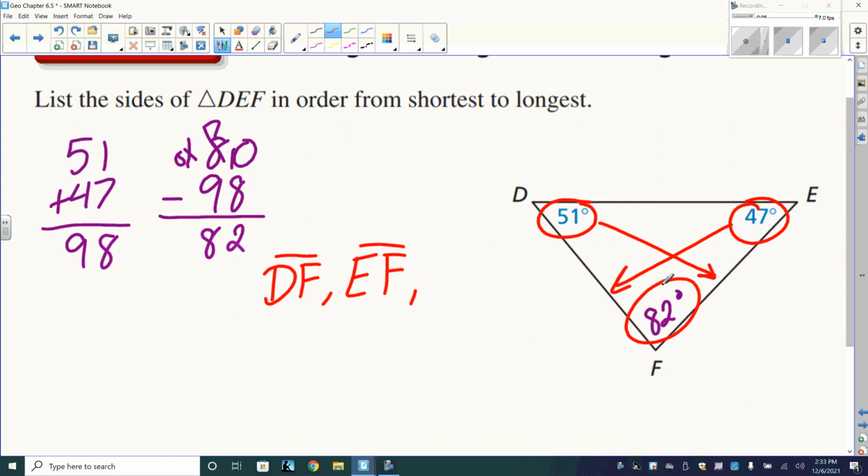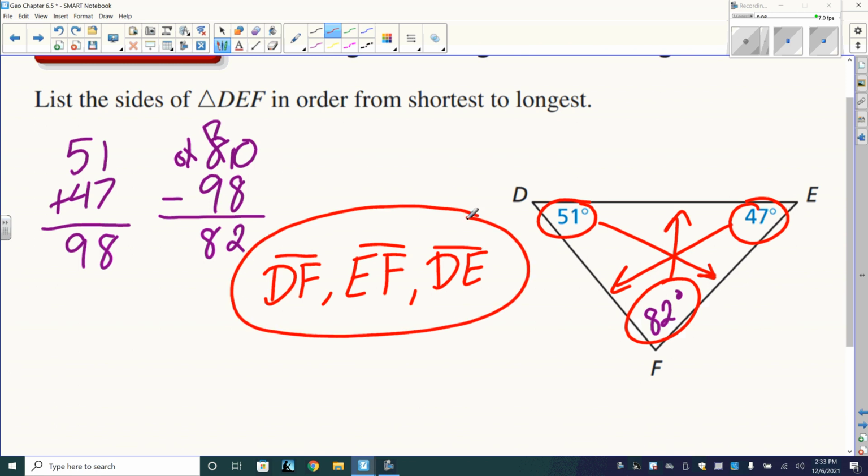And 82, the biggest angle, is opposite DE or ED, either one. And that's it. Any questions on this here?